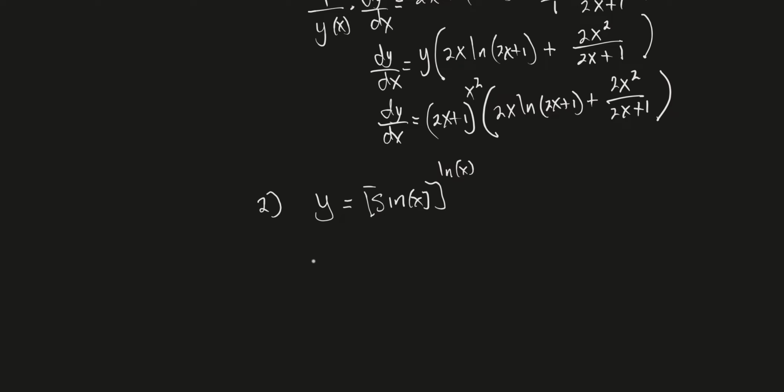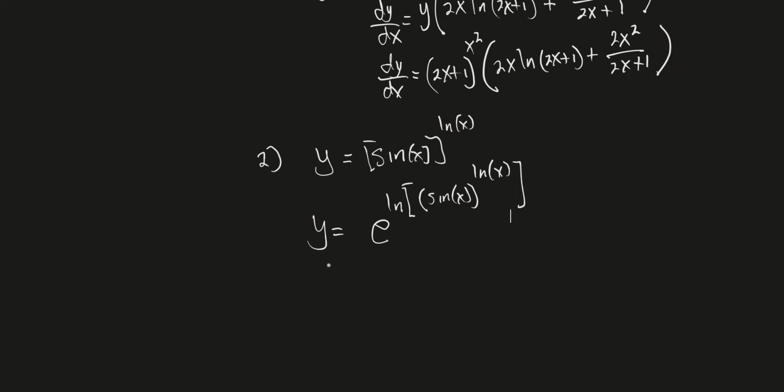So changing it to base e, it becomes e to the ln of what I have right here. So the ln, let me switch these to parentheses and then have the square brackets there, right? So we have this to the ln of x. So we have lots of ln's here. But the key is I can take this ln and bring it in front, right?